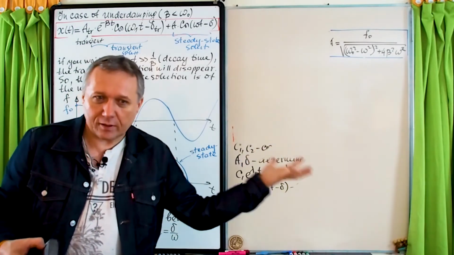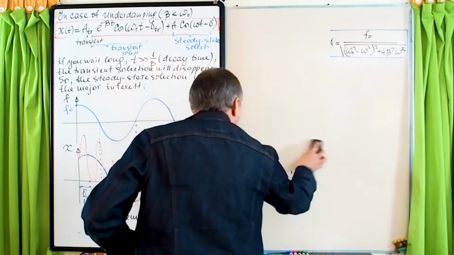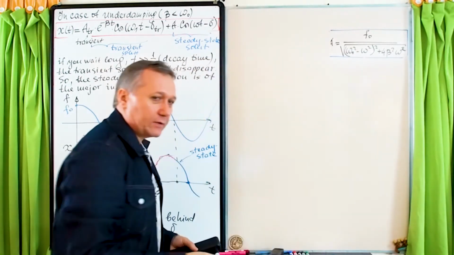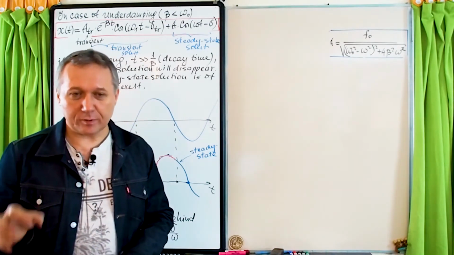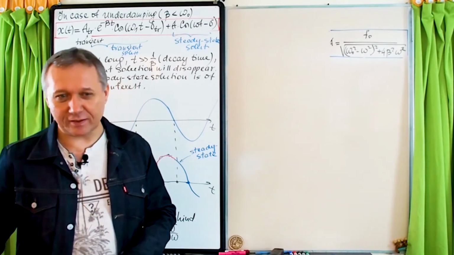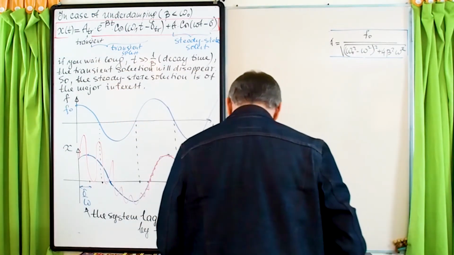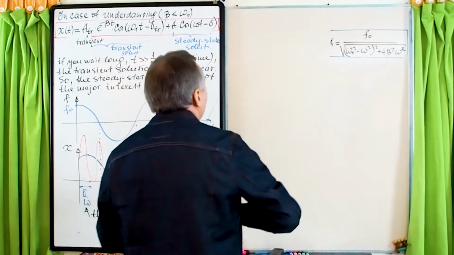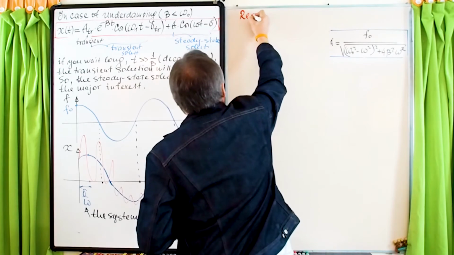Because there are no oscillations. And most of the time, it's not just the underdamping case, it's a light damping, when beta is much, much smaller than omega naught, right? But first, let's just look at underdamping, and then we will, of course, switch to light damping. Okay, so now let me write, so resonance.